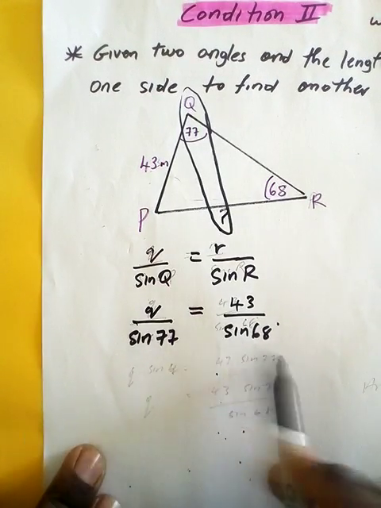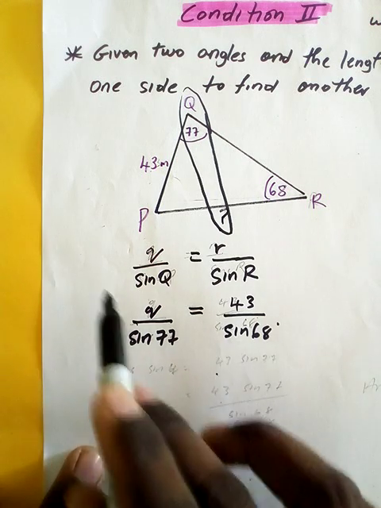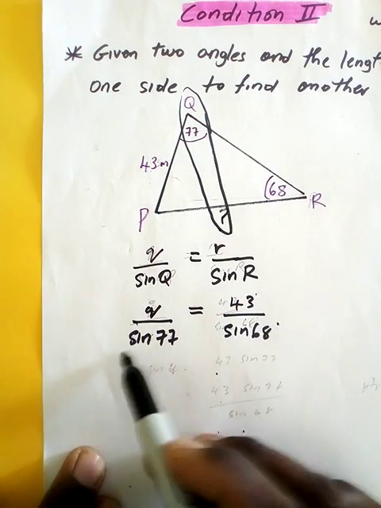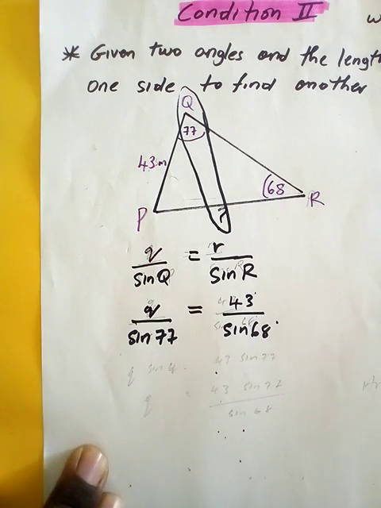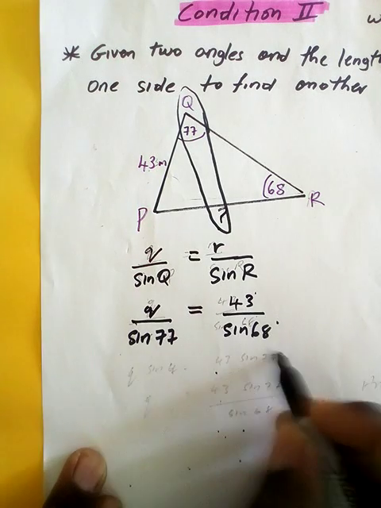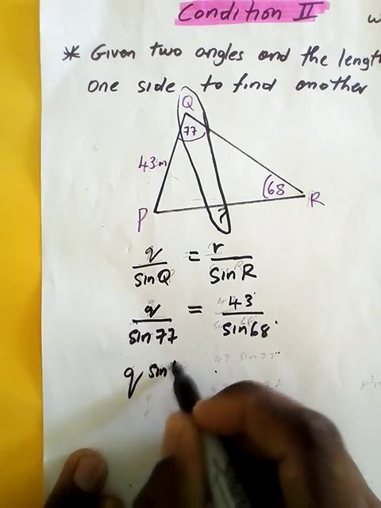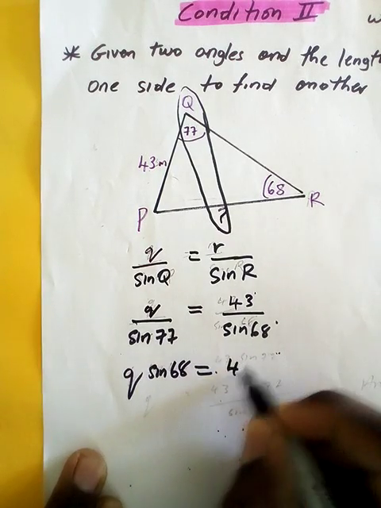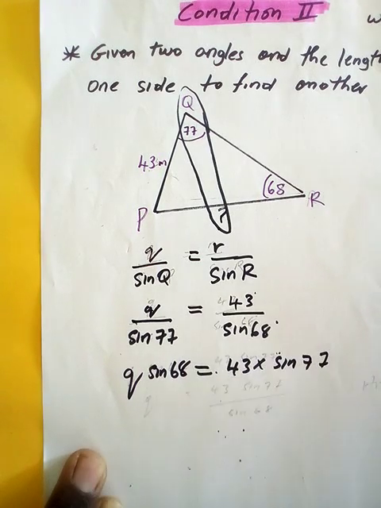So now we are going to cross multiply, not cancel. Remember, we're not canceling, we're cross multiplying. So this multiply by this, and this numerator by this denominator. So I like to work with the term that we're trying to find. So q times sine 68 will give us q sine 68 equal to 43 times sine 77.